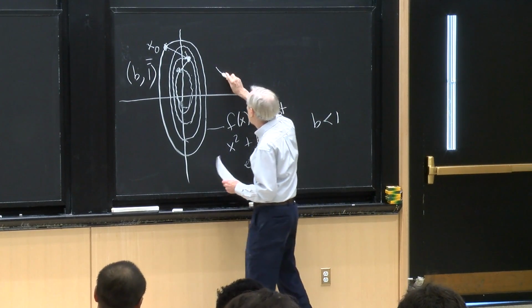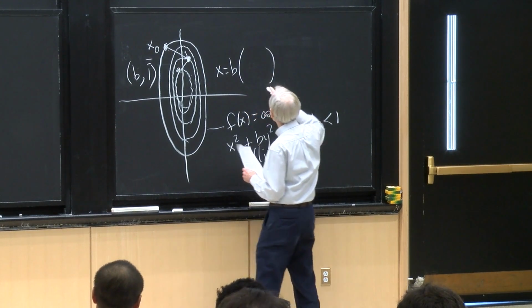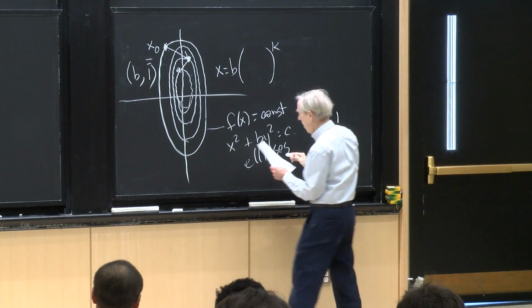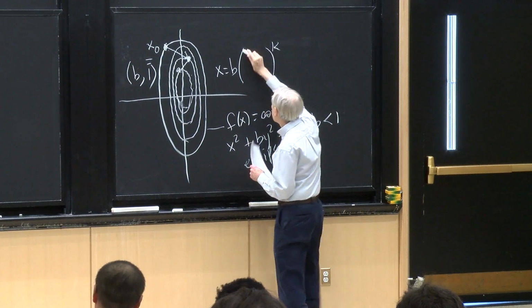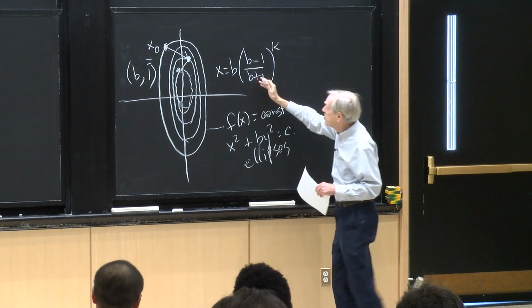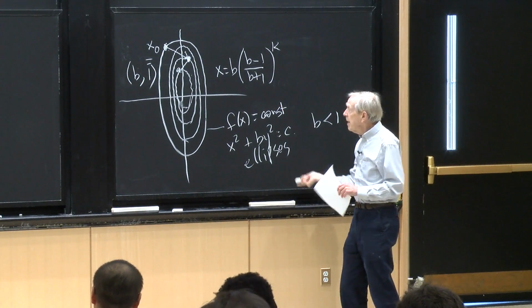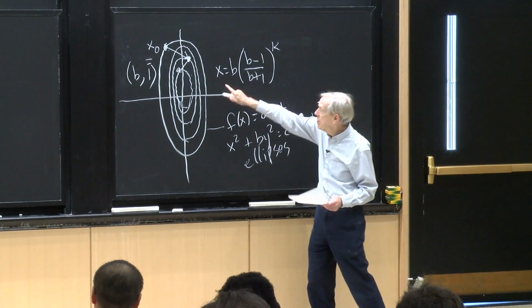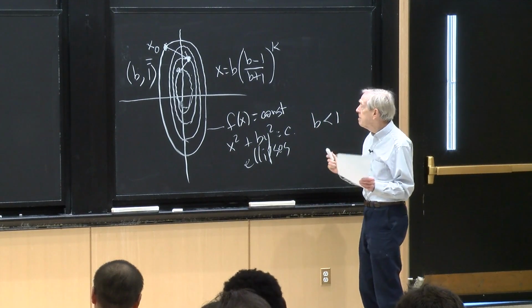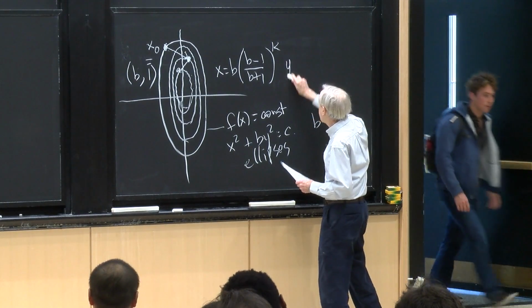Then the x's are the same b times this quantity to the kth power. And here's that quantity, b minus 1 over b plus 1. So you see for a small b, that's a negative number. So it's flipping sign in the x's as we saw in the picture. At least that part of the picture is correct. The y's don't flip sign.